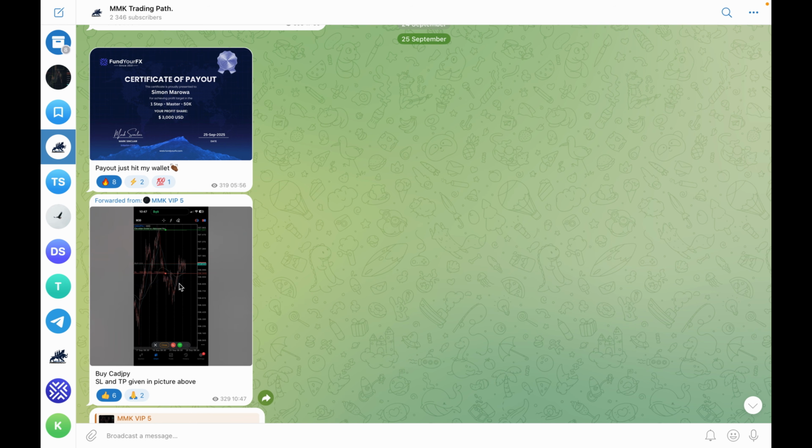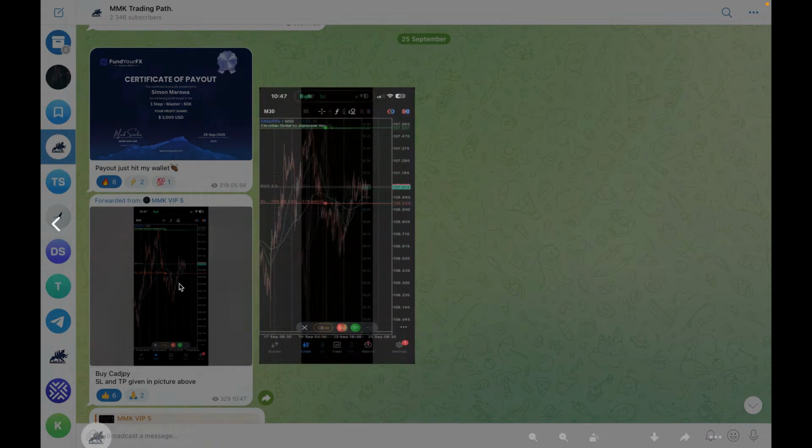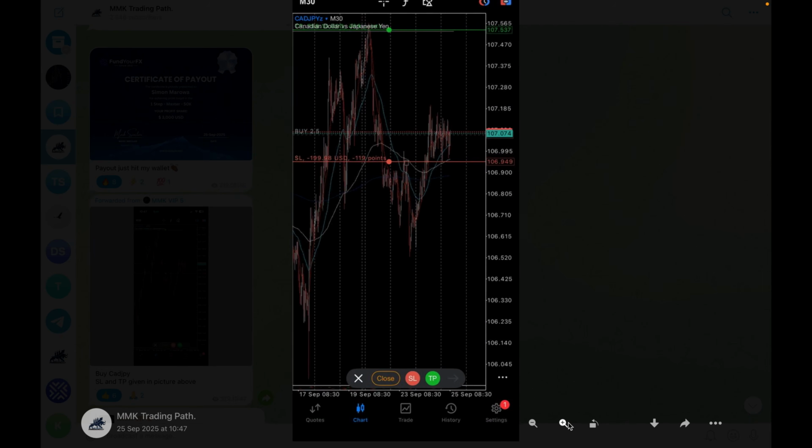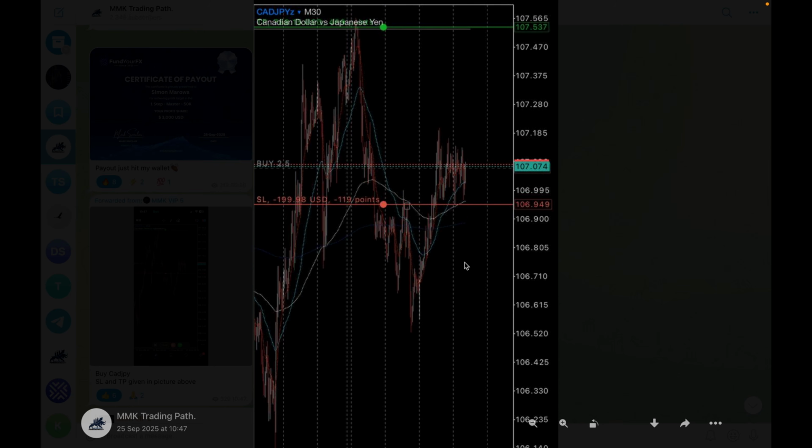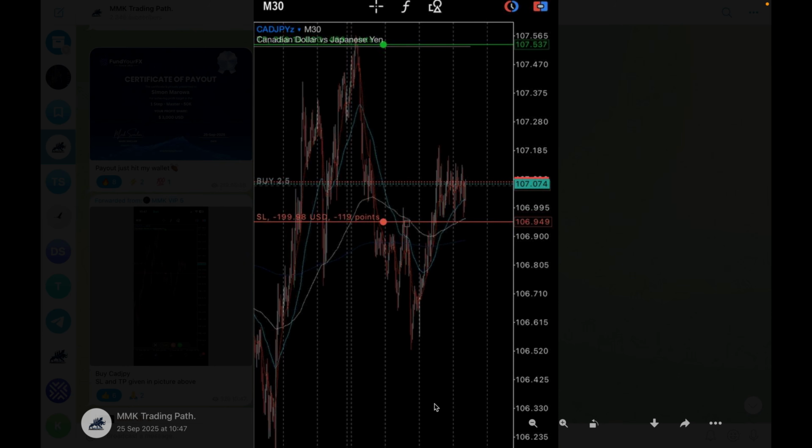This is the free signal which I sent in our free Telegram channel. This was a trade on CADJPY, and as you can see, I had my stop. Very simple. We were trading away from a peak formation. We had a 13 EMA, 50 crossover down here, and we also had the 50, 200 crossover.